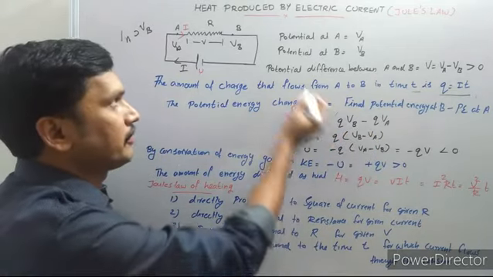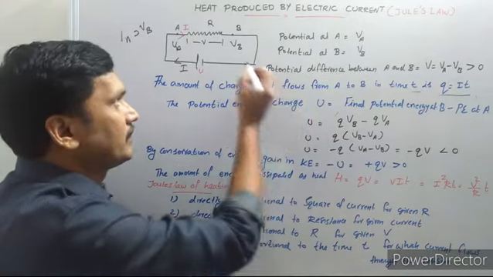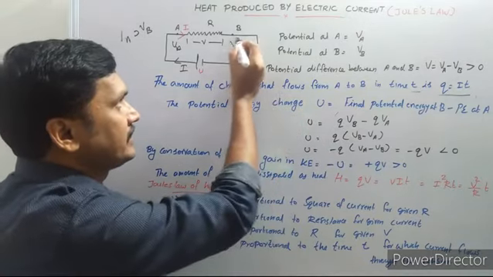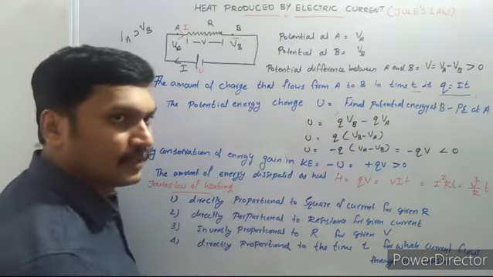The potential at point B is VB, so the potential energy of the charge here is Q into VB.